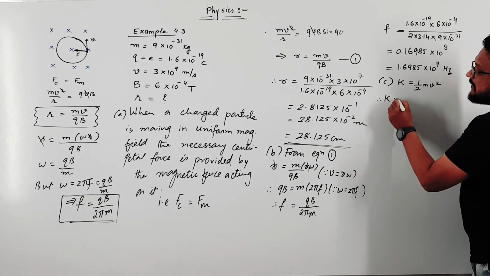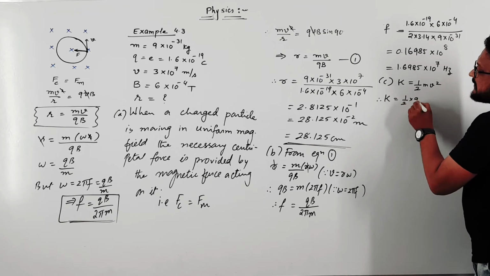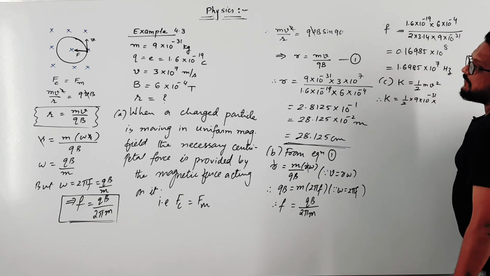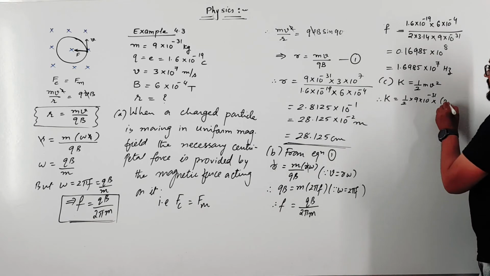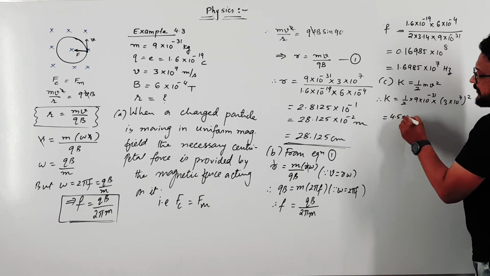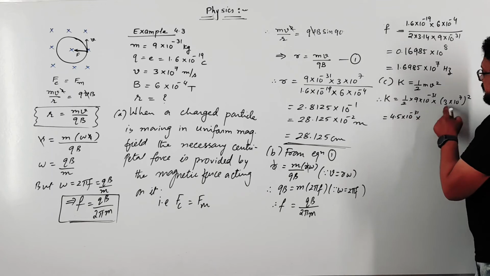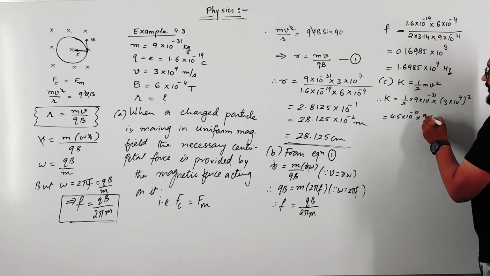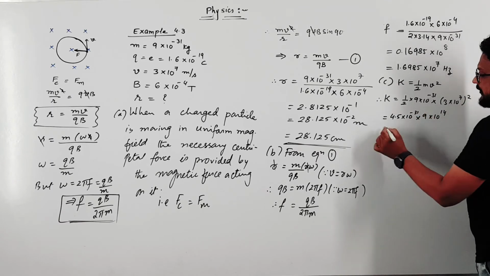So therefore K will be equal to half into m is 9 into 10 to the power minus 31 into, directly we will write v square, or let me write 3 into 10 to the power 7 whole square. 9 divided by 2 is 4.5 into 10 to the power minus 31 into 3 square is 9 and 7 2s are 14.